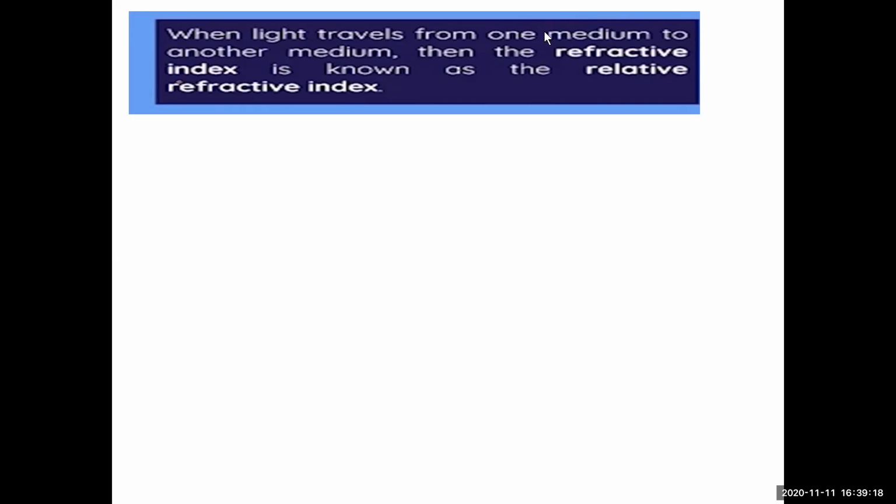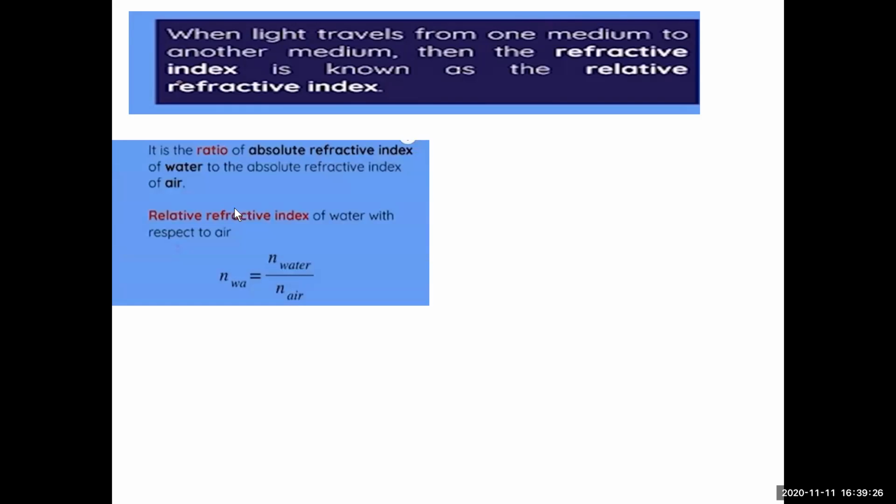When the light ray travels from one medium to another medium, that type of refractive index is known as the relative refractive index. That can be measured as the ratio of the absolute refractive index of the water to the absolute refractive index of the air. So, relative refractive index of the water with respect to air is given as n_WA, where WA is water with respect to air, equals absolute refractive index of the water by absolute refractive index of the air.